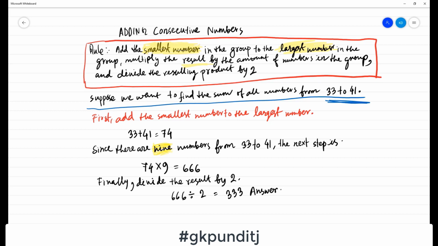This is a very easy trick. First of all add, then multiply by the number of terms, then divide by 2.